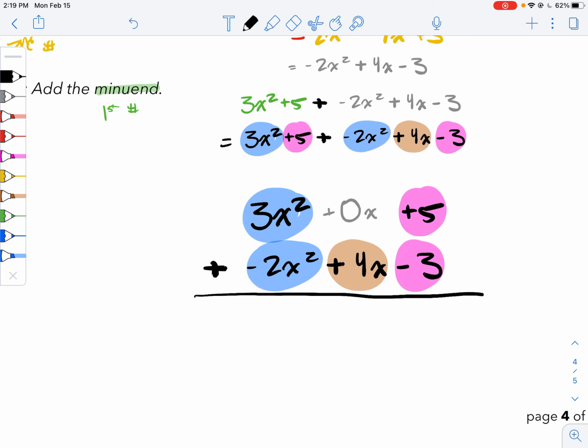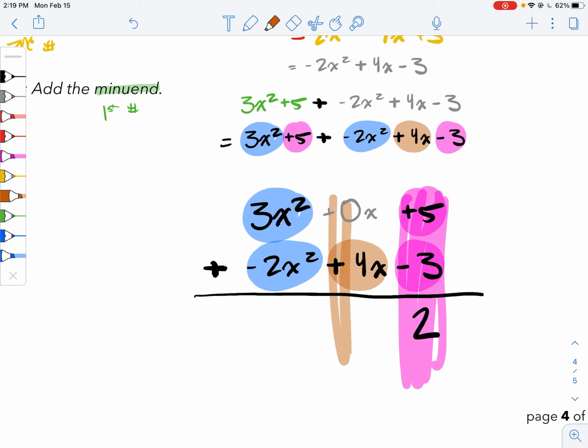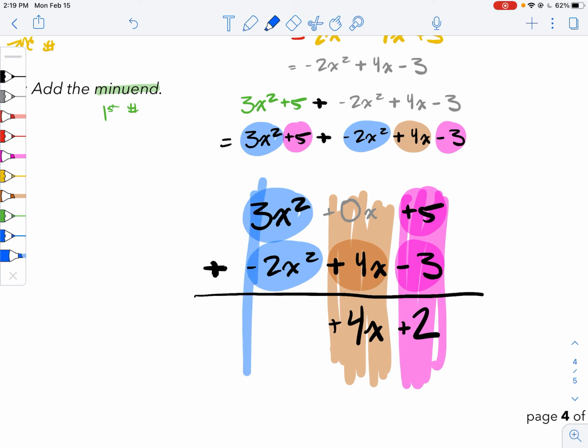All right, columns, here we go. 5 minus 3 is 2. 0 plus 4, I got this. Nailed it before I even said it. 4x. This is a plus 2, right? And then finally 3x squared minus 2x squared. Well, 3 minus 2 is 1.